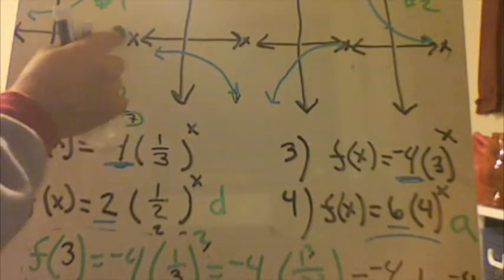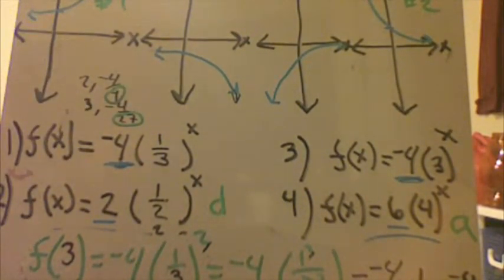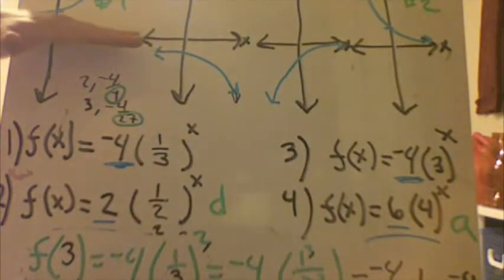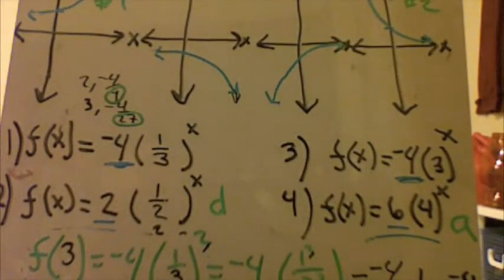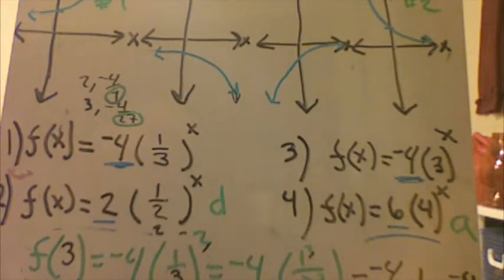It actually ends up being that the x-axis is an asymptote for all of them. So over here on this first one, as this keeps going down, down, down, it's going to get really close to the x-axis, but it's never going to touch it or cross it.